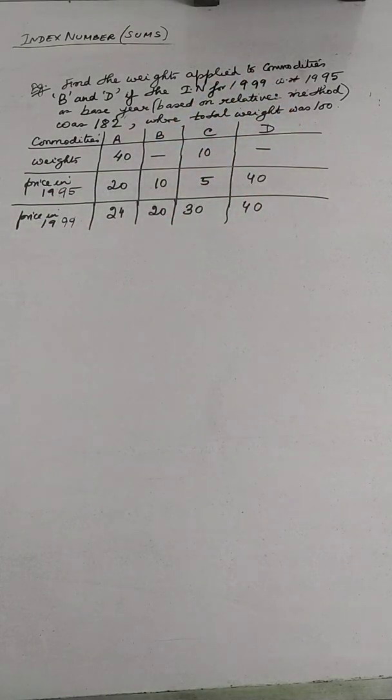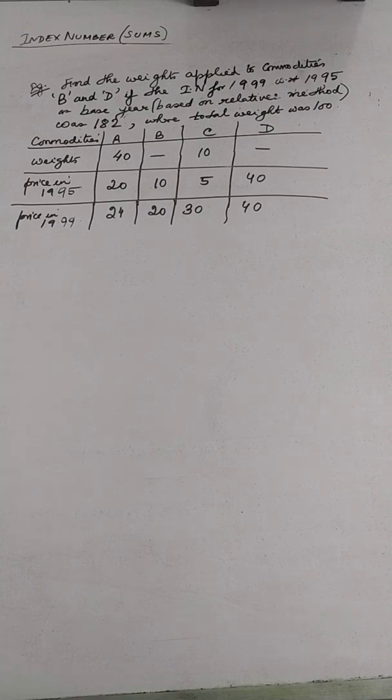Relatives method means what? What is the formula? According to formula, price relatives method, index number is equal to summation WPR by summation W, isn't it? So that is the formula. So what do we need? We need PRs over here.